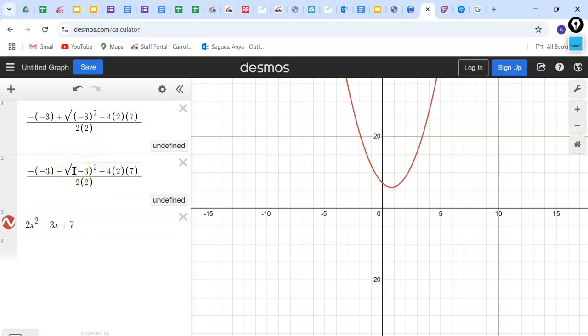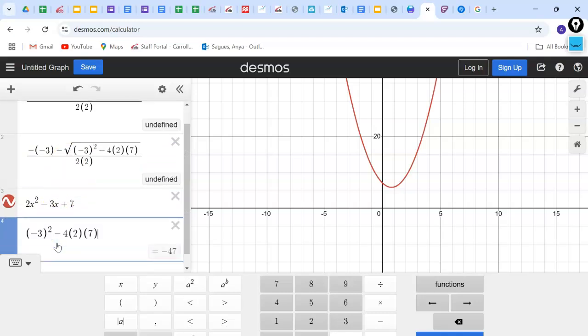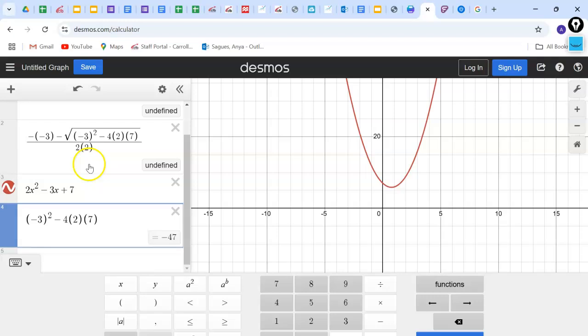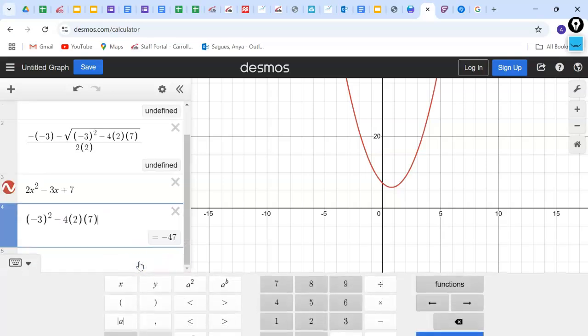And if we think back to our previous lesson, we only have no real solutions when our discriminant, or the stuff inside of our square root, is a negative number. So if I just copy and paste the stuff that was inside the square root, I will see that it is a negative number, negative 47. So the question is, what do we do now?